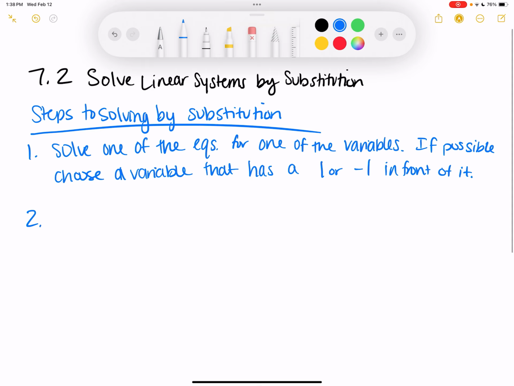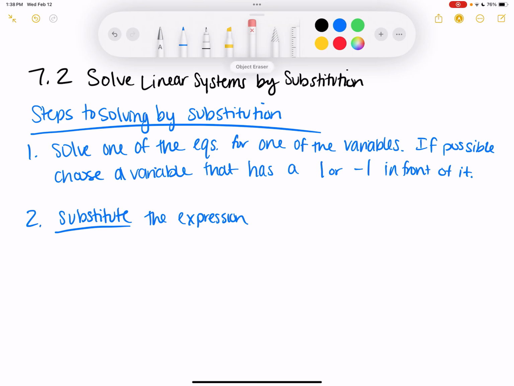In step 2, substitute, hence the name of the section, the expression from step 1 in for that variable in the other equation.